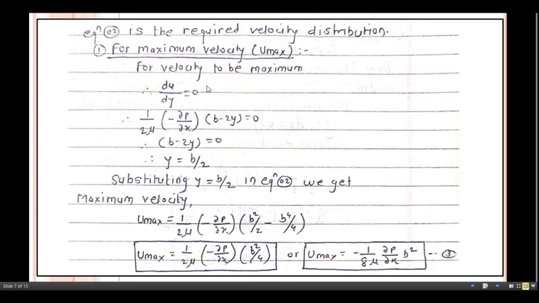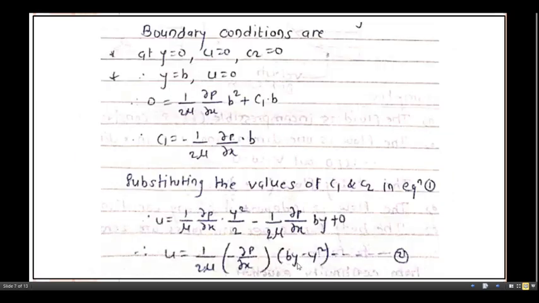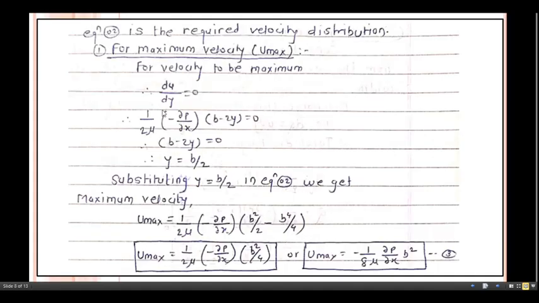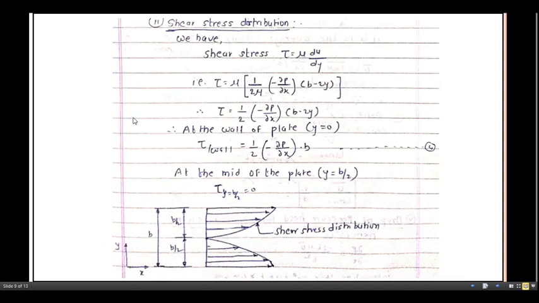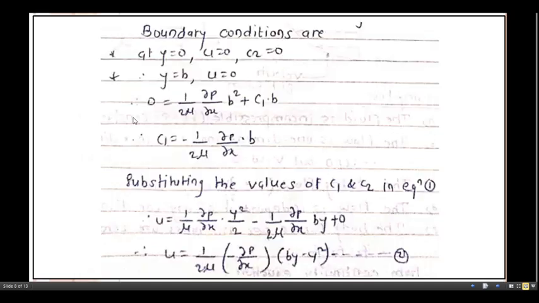So if you differentiate this relation with respect to y, we get du by dy equals 0 for the maximum value. Differentiate this term on the left side and equate it with 0.